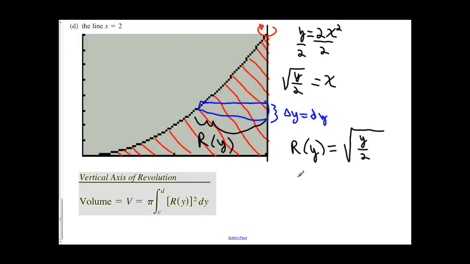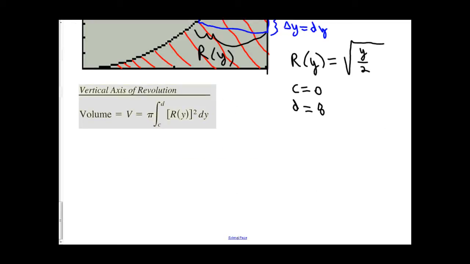As I look at this, the plane region starts at a y value of 0, which is the lower limit of integration, and goes all the way up to a y value of 8, the upper limit of integration. Now I can set up an integral to represent the volume of the solid generated.